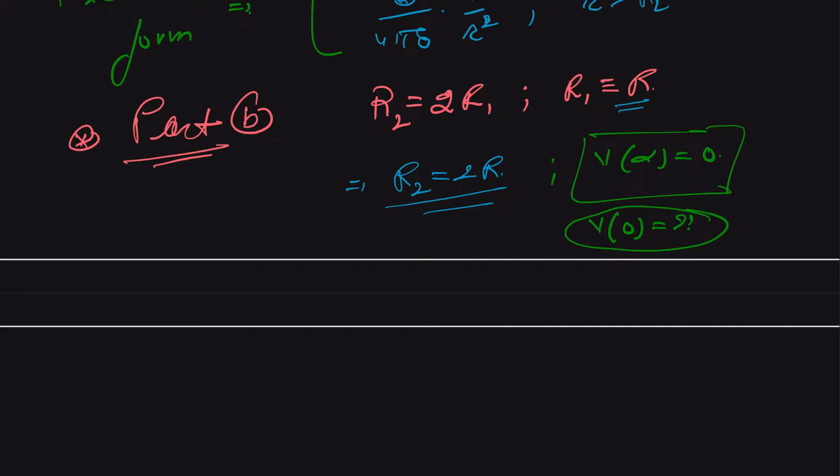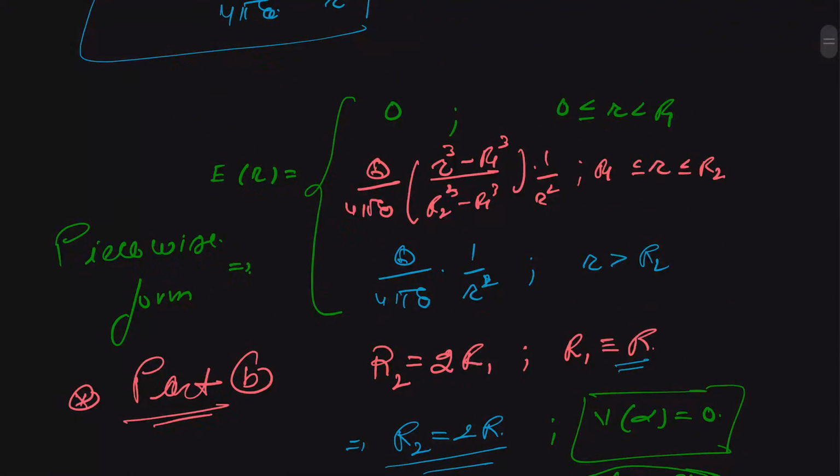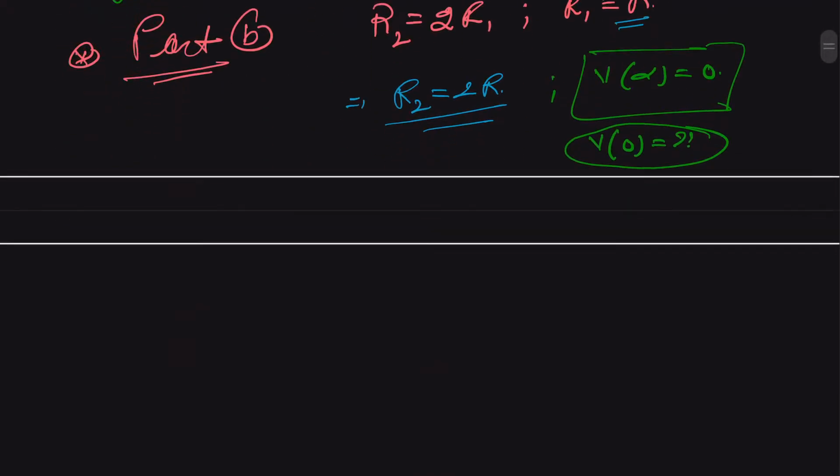Like in the first case, we already know that when our Gaussian radius is less than our inner radius R1, the value of the electric field is equal to 0. Therefore, we can easily say that the potential inside is constant.